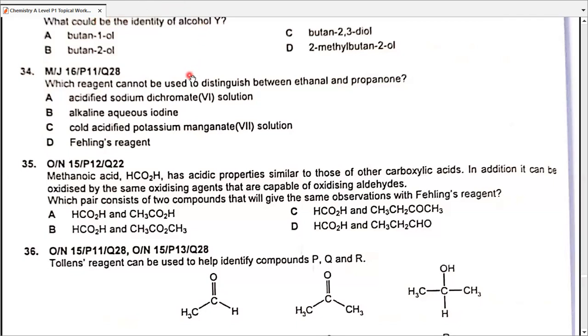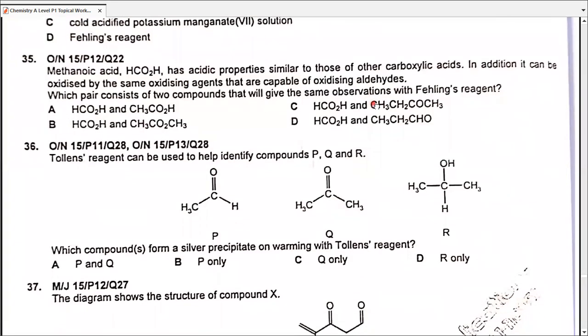Because beta is the only one which would come out positive for both of them. For the rest of them, it would be positive with one and negative with the other. Okay. Yeah. So 35.